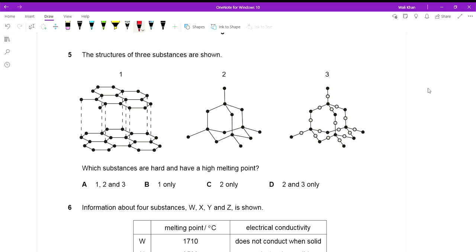And 3, it is also a compact solid structure, and it also has strong intramolecular forces. Which substances are hard and have a high melting point? 2 and 3. Option is D. Graphite, diamond, silicon oxide.